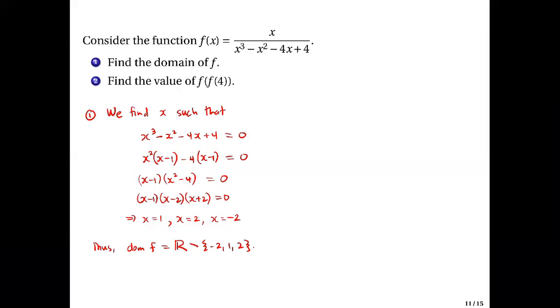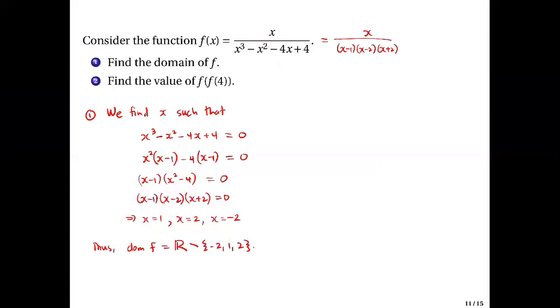Now, since we've factored this denominator, let us rewrite this function as x over (x minus 1)(x minus 2)(x plus 2).